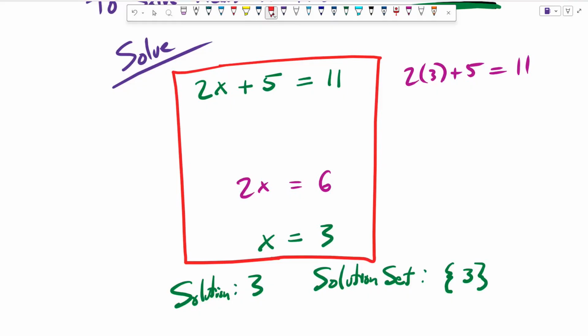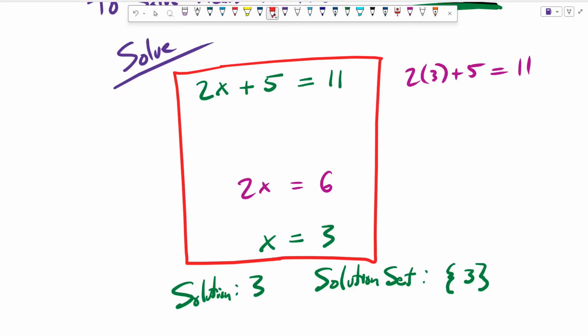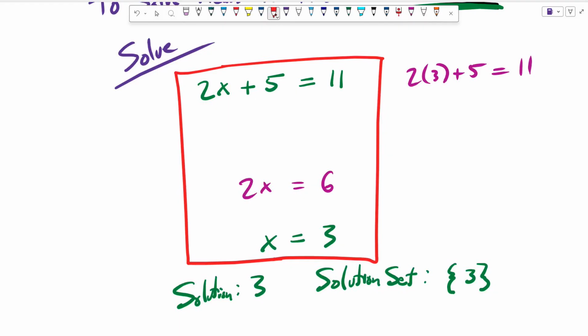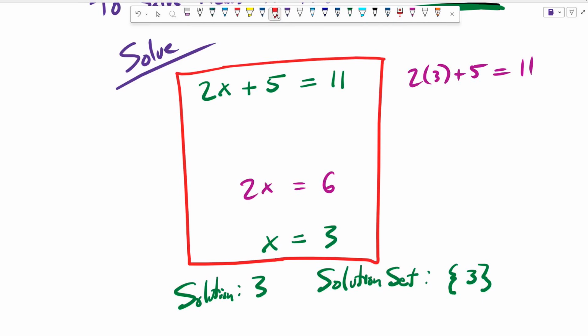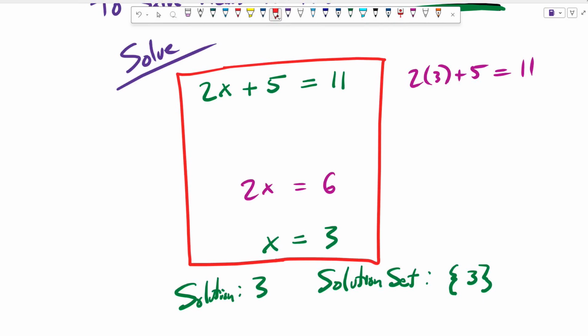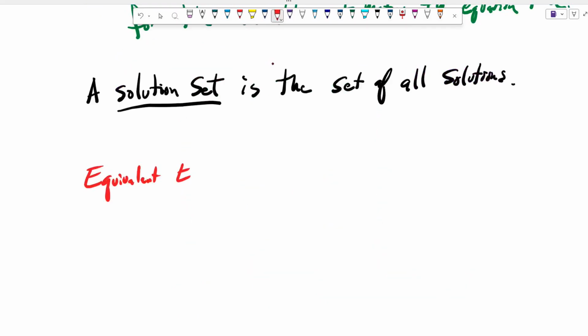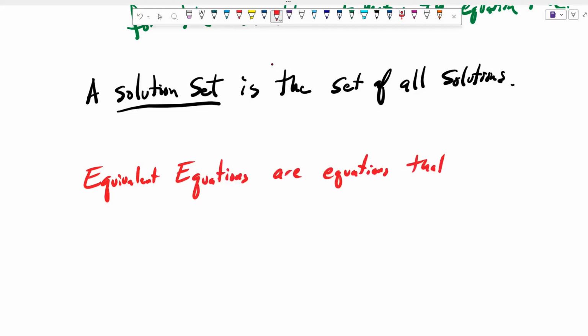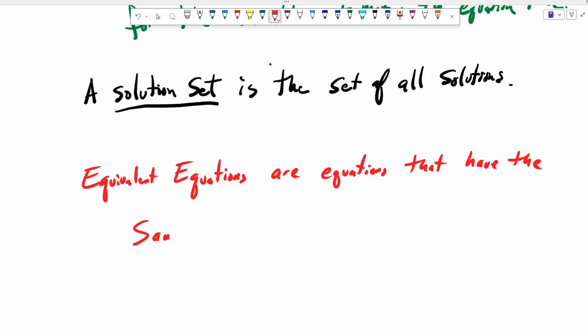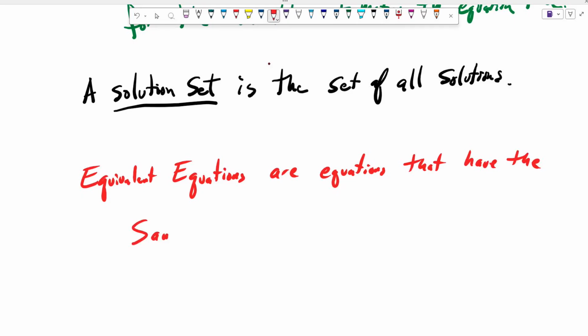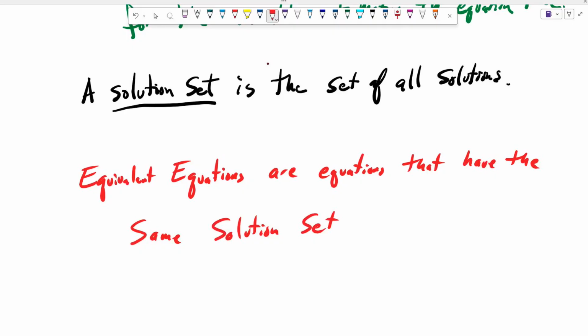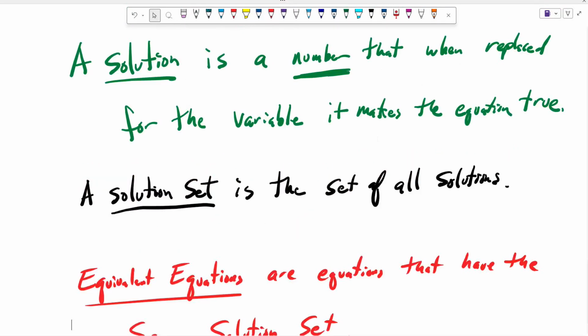Like the addition property of equality says you can add the same number to both sides of the equation, and the new equation is equivalent. Not the same equation, it's equivalent. So these are all called equivalent equations. Equivalent equations are equations that have the same solution set.